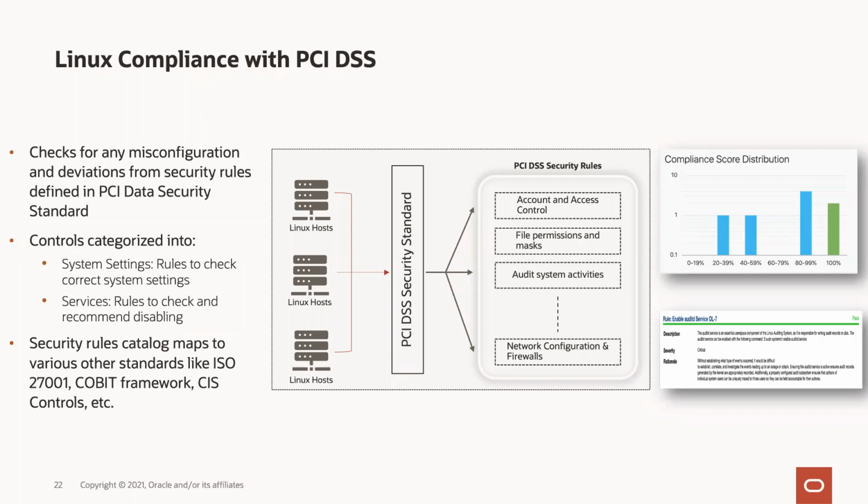Goal 1 is to build and maintain a secure network. Goal 2, protect cardholder data. 3, maintain a vulnerability management program. 4, implement strong access control measures. 5, regularly monitor for vulnerability. And 6, maintain a security policy in your organization.